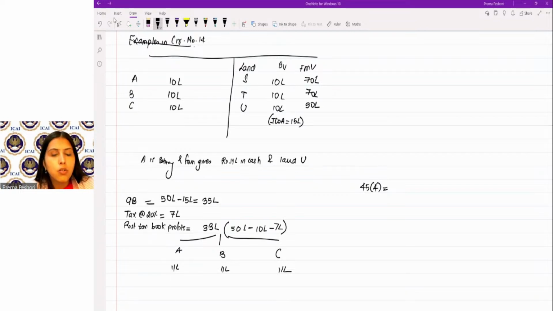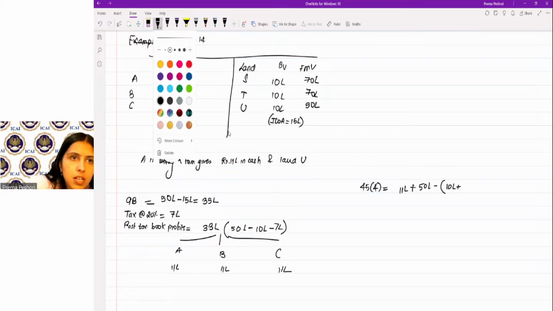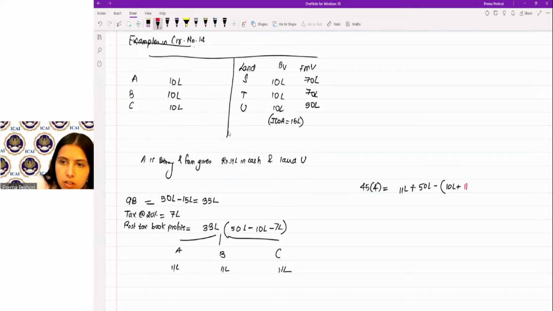Yes, Gopika, correct. 45.4 will be how much? 11 lakh plus 50 lakh minus 10 lakh plus 11 lakh. My step up. So this will come to 40 lakhs. Right? Now what will be my 48.3?